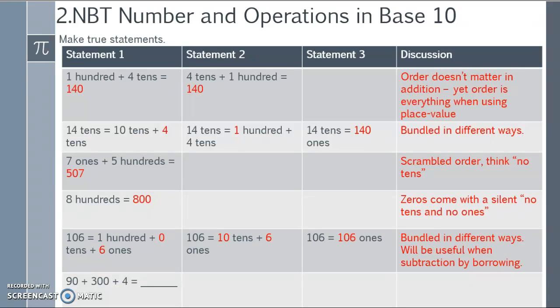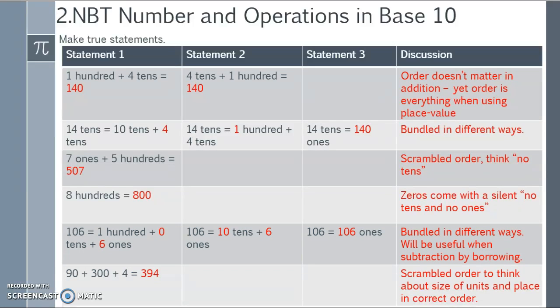By knowing that we can bundle numbers differently, this will be helpful when we need to use them when borrowing for subtraction. Then 90 plus 300 plus 4 is 394. Again, another scrambled order to think about. The size of units and place is in the correct order.